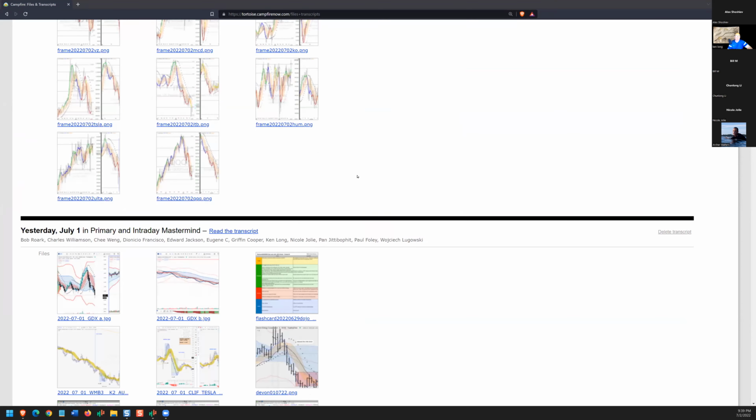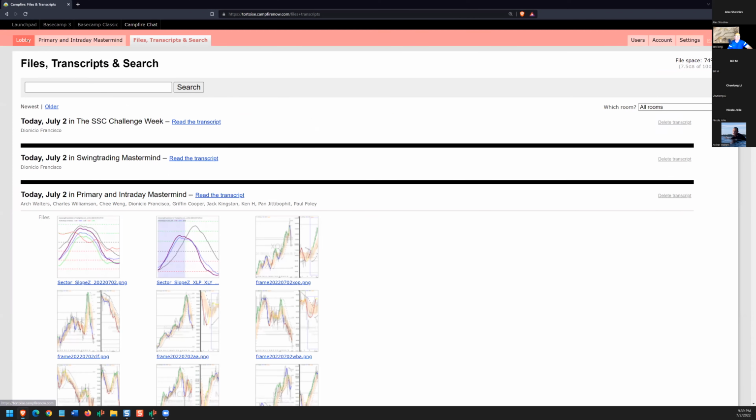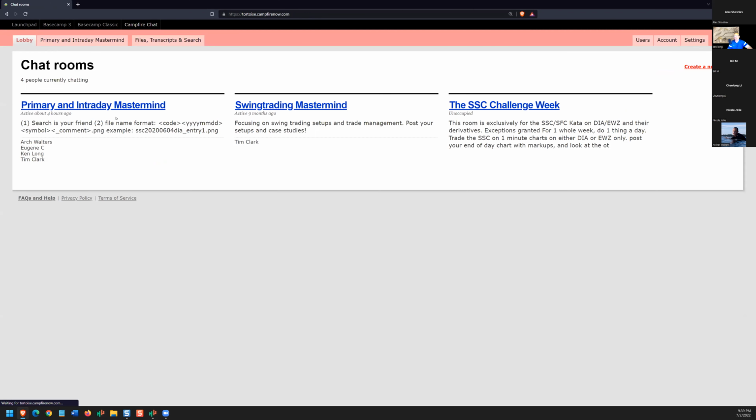So when you go to Campfire and hit the lobby, you can see the primary, some swing trading, and not much work in there. We're doing most of our work inside here. I keep that just for the archives. It's just better that way.